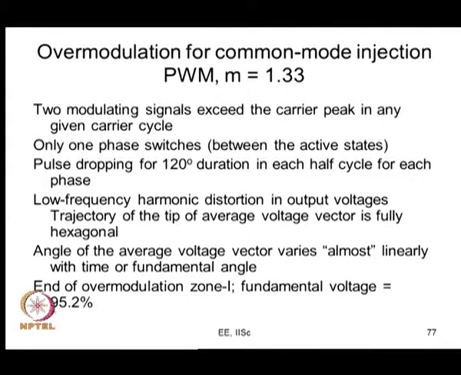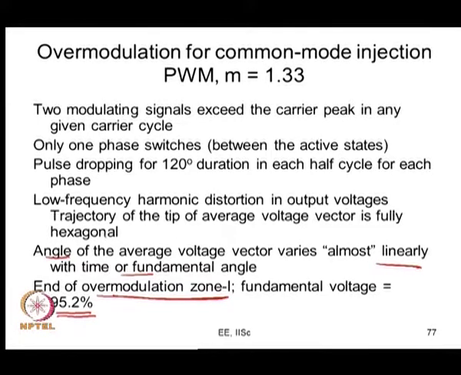So, as I mentioned to you, this is 95.2% and we call this overmodulation zone 1 in the space vector modulated inverters. That is, in this case what will happen is the average voltage angle would vary almost linearly with time, whereas the magnitude will change. How will the magnitude change?